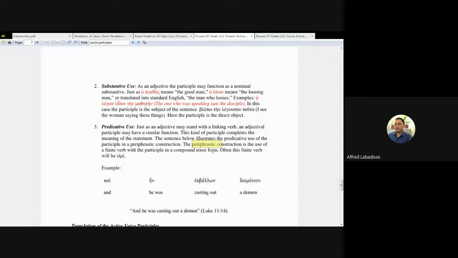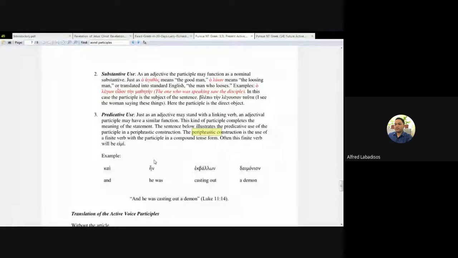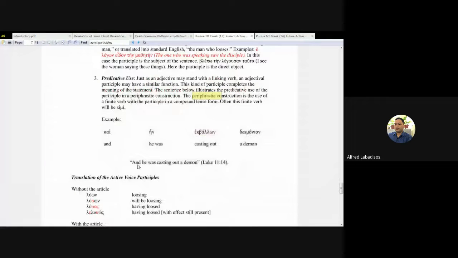And usually the verb is eimi. For example, kai en. En is the imperfect form of eimi. So en ekballon daimonion: and he was casting out a demon.